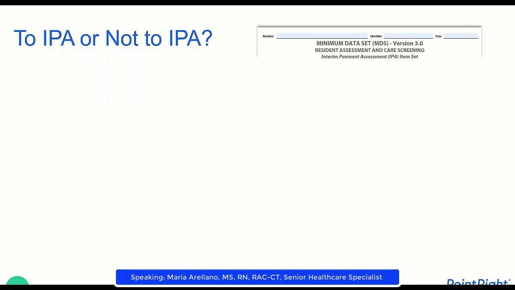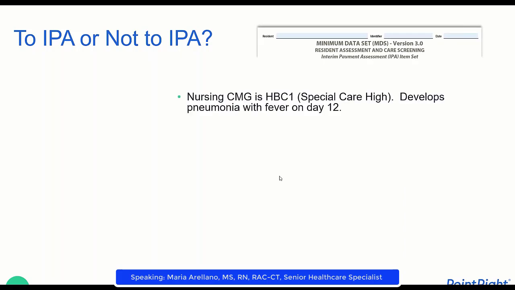Okay. So let's do a couple of examples here. I know we've just got about 10 minutes left here, but let's just quickly go through these. So if your nursing case mix group is currently special care high, and they develop fever with pneumonia with fever on day 12. Okay, this is certainly a scenario that could be happening now, right? Would this be worthy of an IPA?